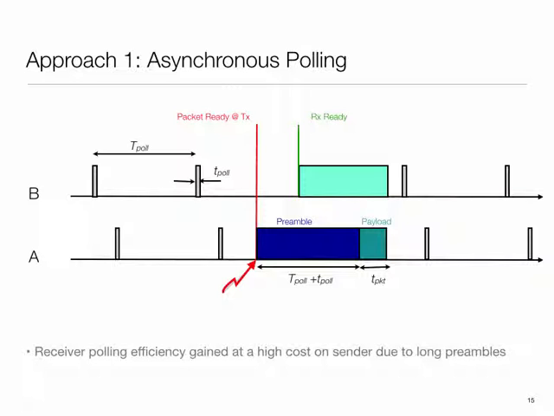So what A could do is create this preamble to be longer than the duty cycle interval, so that we are guaranteed that B will wake up sometime during this time.